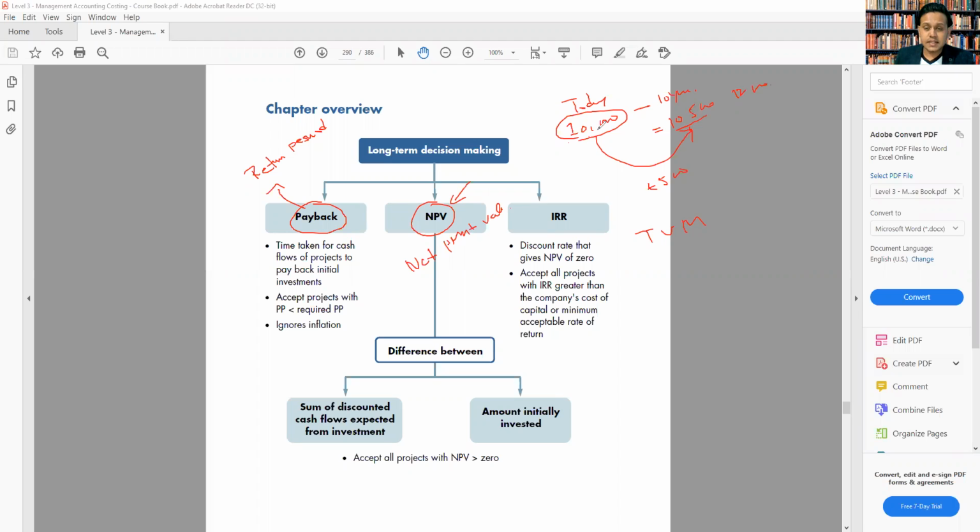And if I see it is less than 10,000, for example 9,000, I say, sorry, I'm not going to give the 10,000, because I'm giving you 10,000 but you're actually giving me 9,000 back, not 10,500, because the value of the money will be reduced over the 10 years. So when you consider the time value of money, we call it NPV. Net present value is the way we calculate the time value of money.